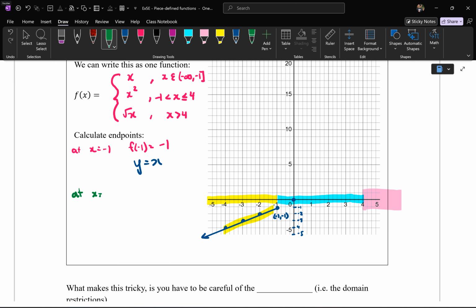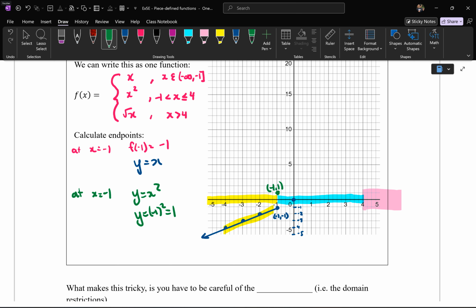At x equals -1, for your quadratic, what would y equal at -1? 1. So that means at this point, y quadratic should start off at -1 squared, and that tells me 1. So I've now got a point up here instead, in green, -1, 1.